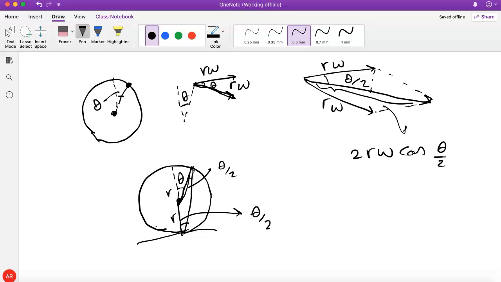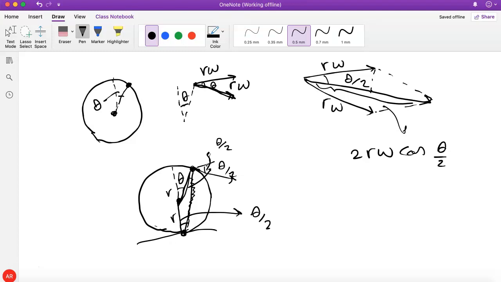So that already fixes the direction, right? Now if I think of instantaneous rotation around this point of contact with the ground, the velocity is going to be perpendicular to this line over here. And because this angle is theta over 2 with the vertical, here I get again theta over 2. So the direction is fixed.